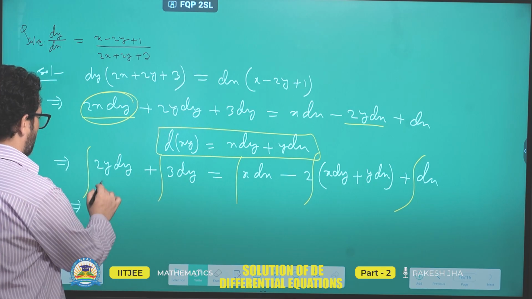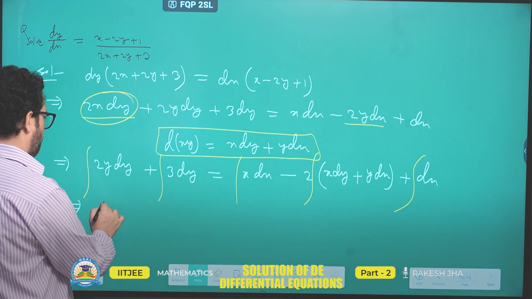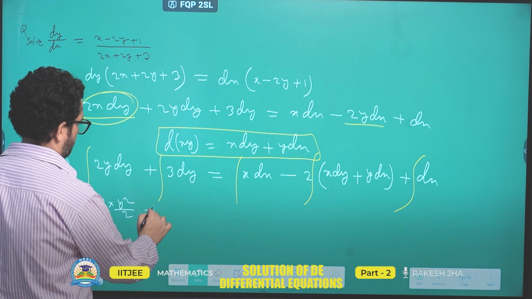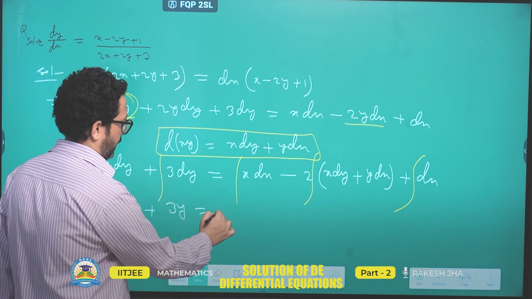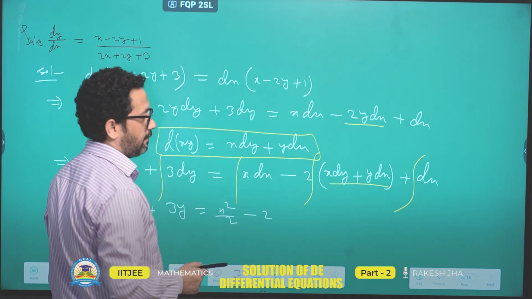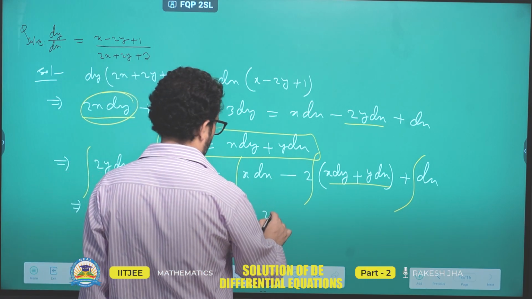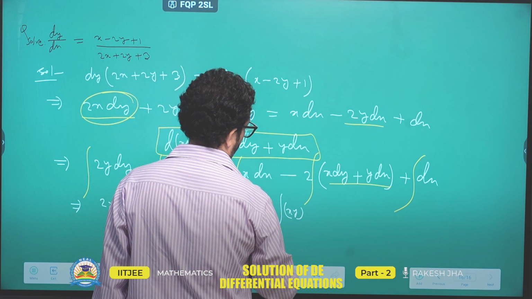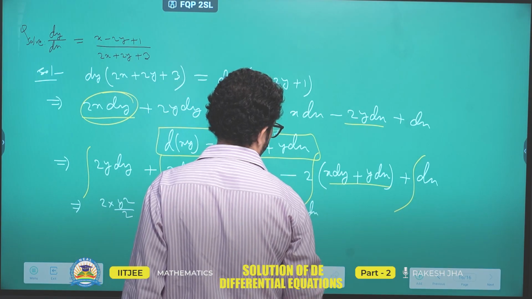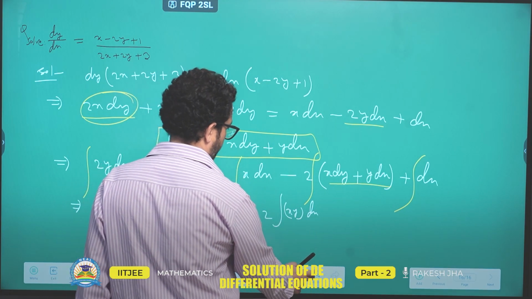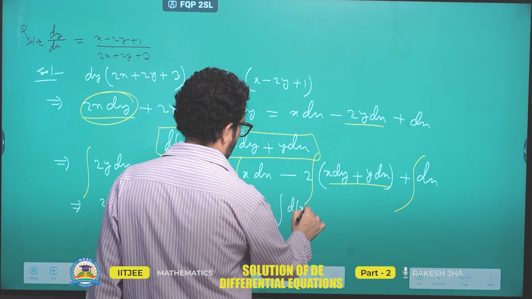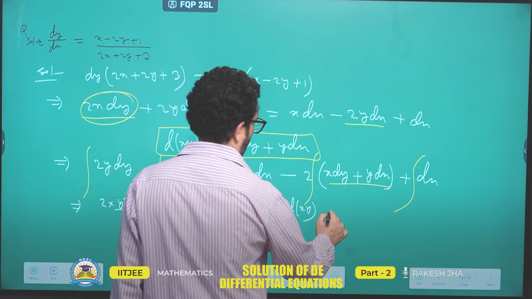So here we get 2 times y square upon 2 plus 3y is equal to x square upon 2 minus 2 times, this is nothing but the derivative of xy, so we can write xy, and here x.